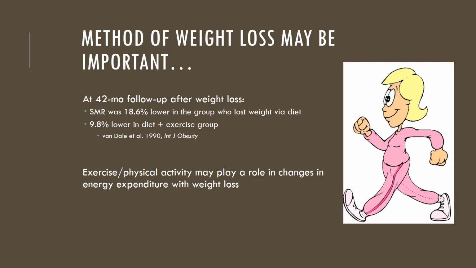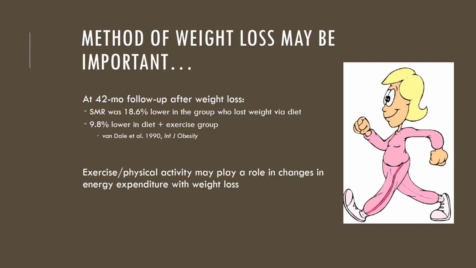In this study, they looked at people who lost weight, and then they followed them up 3.5 years later. For the group who lost weight just by changing their diet, the metabolic rate was about 18% lower than it was before they lost weight. For the people who lost weight by dieting and exercising, the metabolic rate was only about 10% lower.